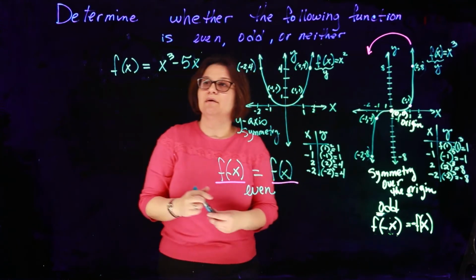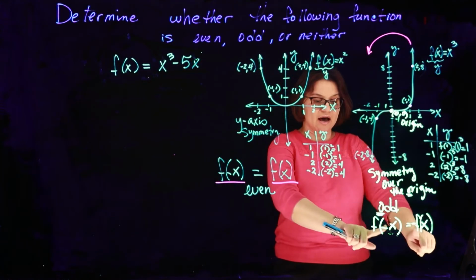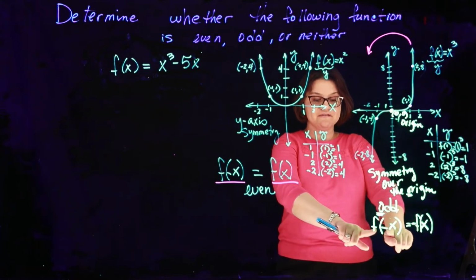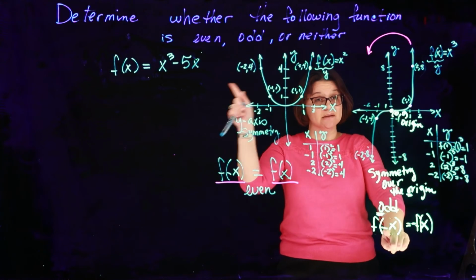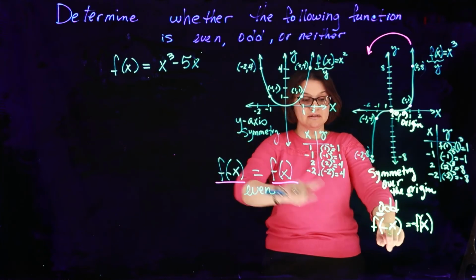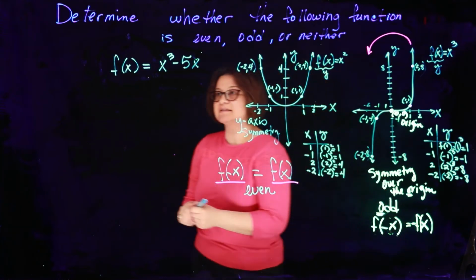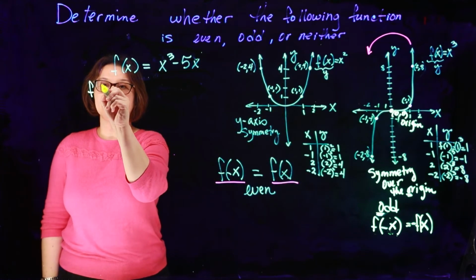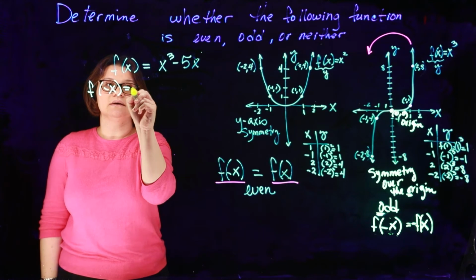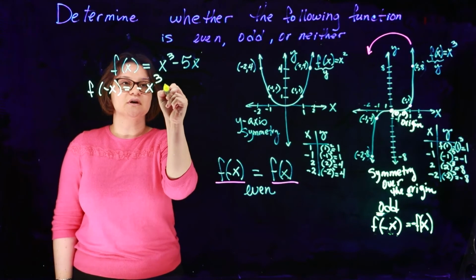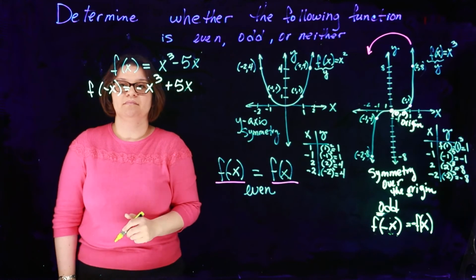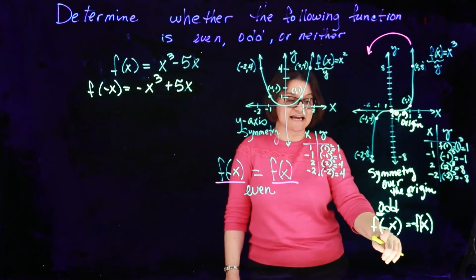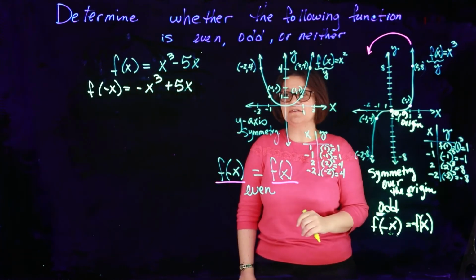Now, for the function to be odd, we're going to have to look at this. Let's try f of negative x. That's what you did in the previous step. So let me rewrite f of negative x. F of negative x is negative x cubed plus 5x. This is what we did just a few minutes ago. Now, our goal is to find out if it equals negative f of x.